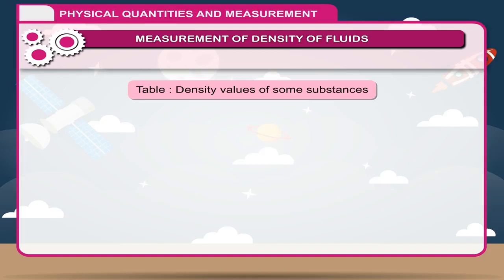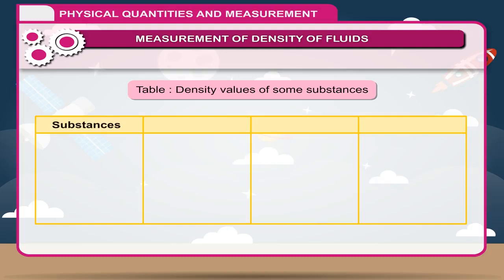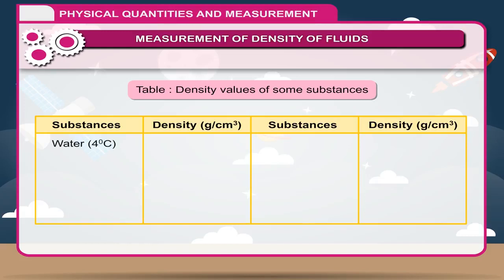Table: density values of substances. Substances, density in gram per centimeter cube. Water at 4 degrees Celsius: 1. Glass: 2.50. Petrol: 0.7. Iron: 7.8.